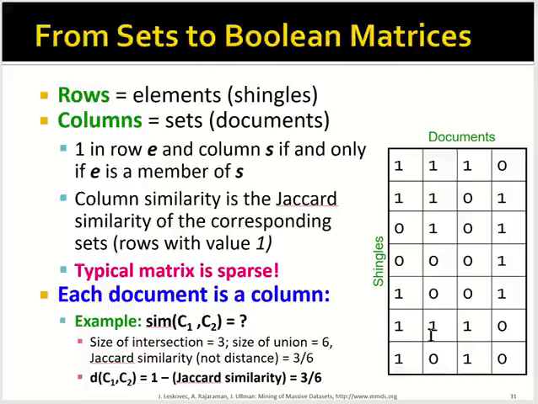Well, the union is where either C1 or C2 has a one. That's row 1, row 2, row 3, row 5, row 6, and row 7. So we have a total of 6 rows where either C1 or C2 has ones. So in that case, the union is 6. Based on the computation, the Jaccard similarity is 3 of 6, and the distance is 1 minus the Jaccard similarity.